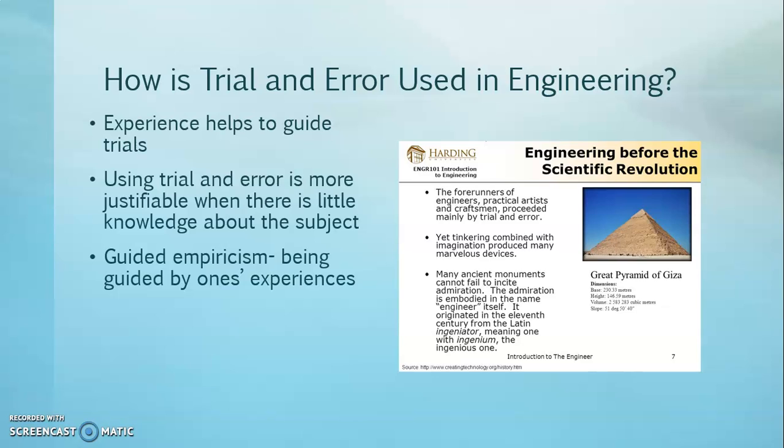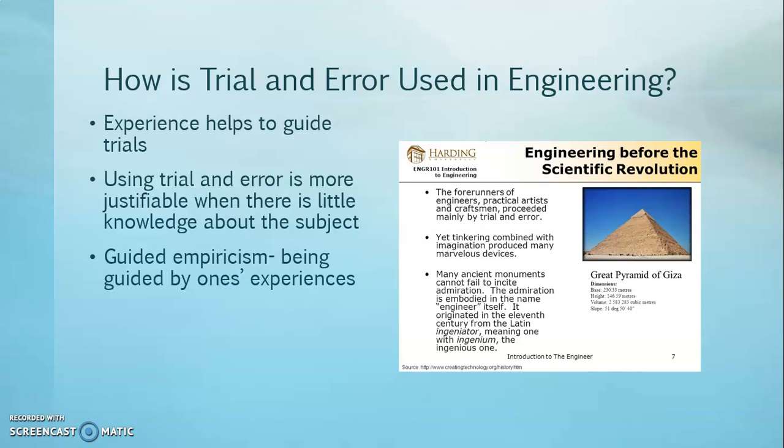Also, it mentions guided empiricism, which is being guided by one's experiences. So it's using experiences from the past that you have tried and made mistakes in and trying to make them better. I did find here on the side, this is an Introduction to Engineering college course from Harding University, and it is explaining that the forerunners of engineers, they mainly proceeded by trial and error.